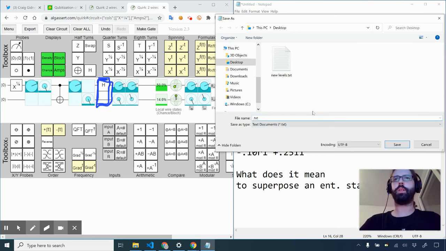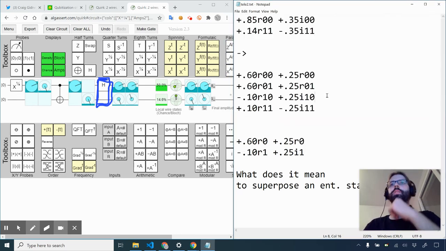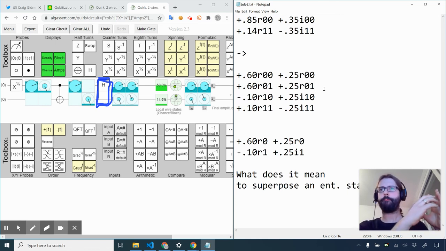So basically, I'm going to call these interpretation stuff, kind of revisiting teleportation in this sense. So what does it mean to superpose an entangled state? We understand what it means to superpose a non-superposed state, and superposing a superposed state can create interference and can take you to another superposed type of state.